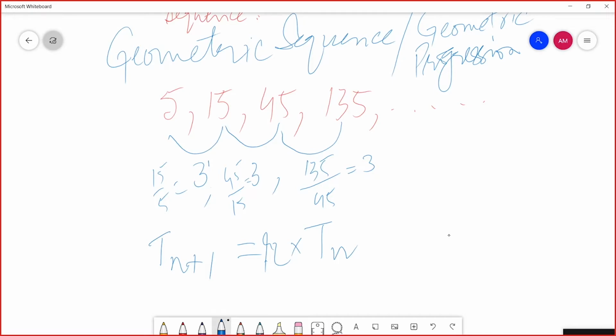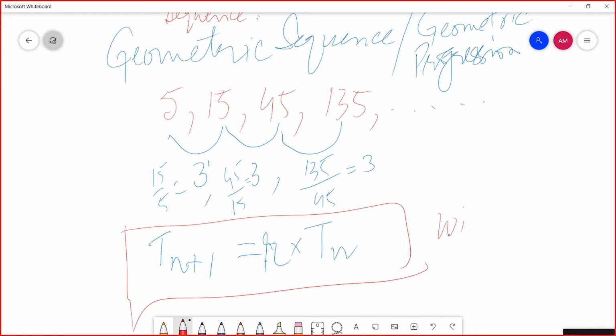So this is R. Instead of a constant being added, now the term is being multiplied by a number. And here you should also know that T1 is equal to A. A means the first term.